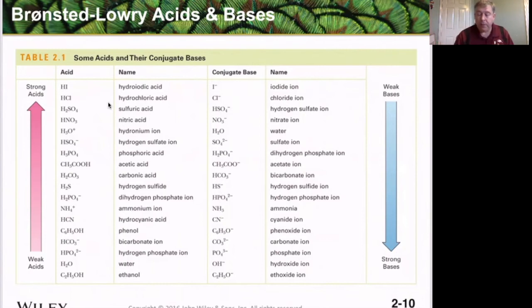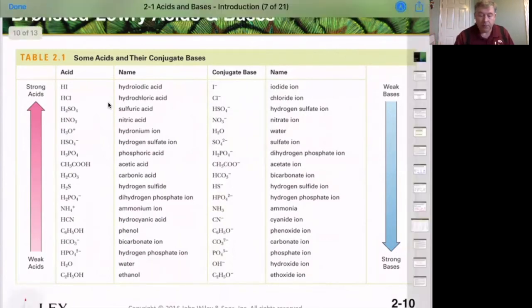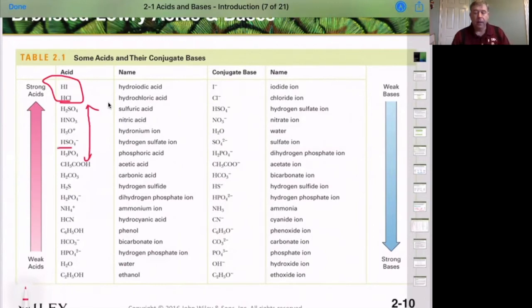So for example, our classical strong acids like HCl and HI are almost completely shifted over to the conjugate base side, where they're almost completely ionized. And so they are what we call strong acids, okay? As we move down in acid strength with our traditional acids, sulfuric, nitric, and sulfate and phosphoric, those are starting to get weaker and weaker acids, okay?